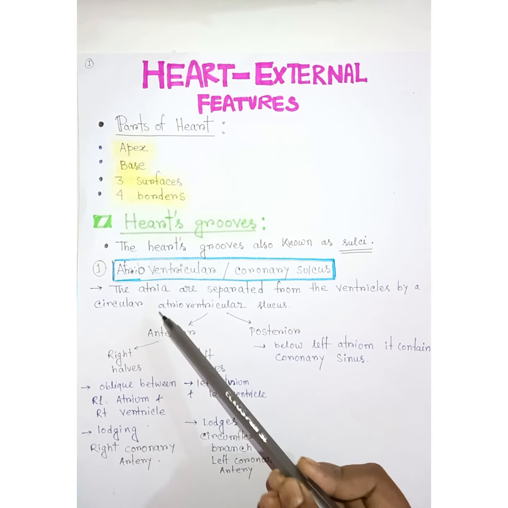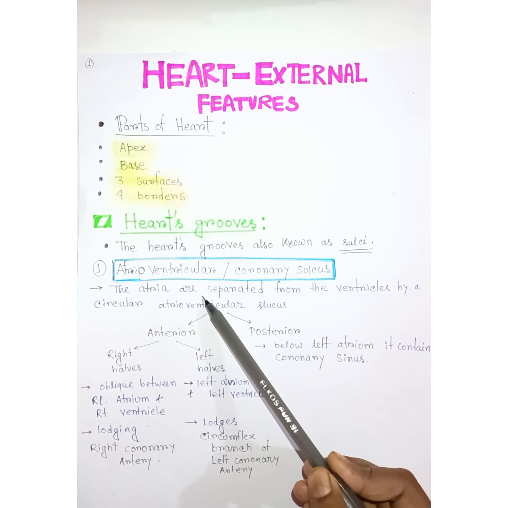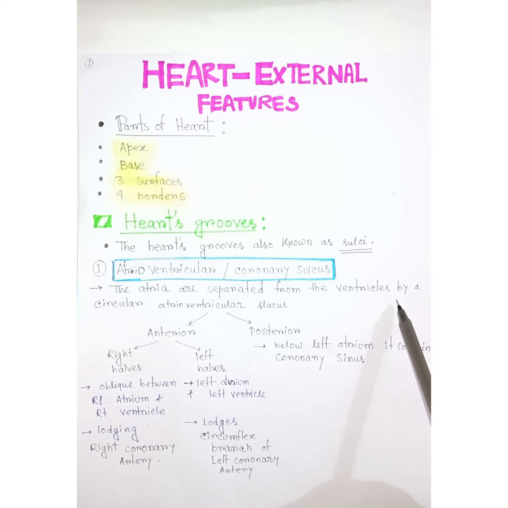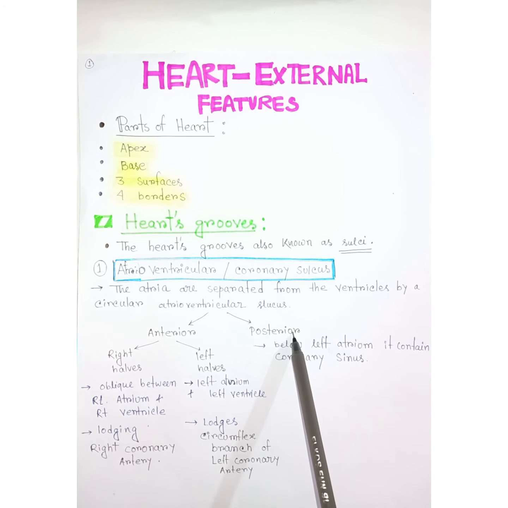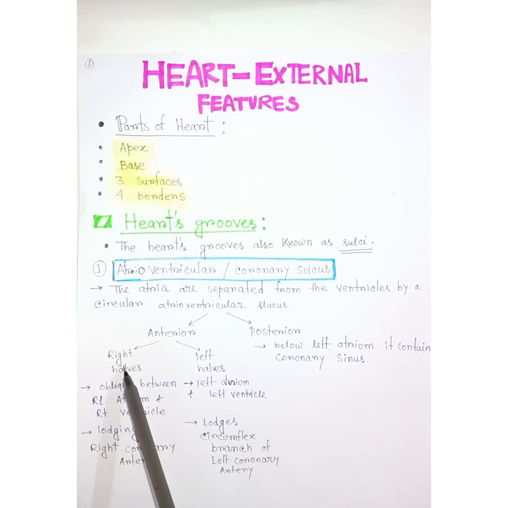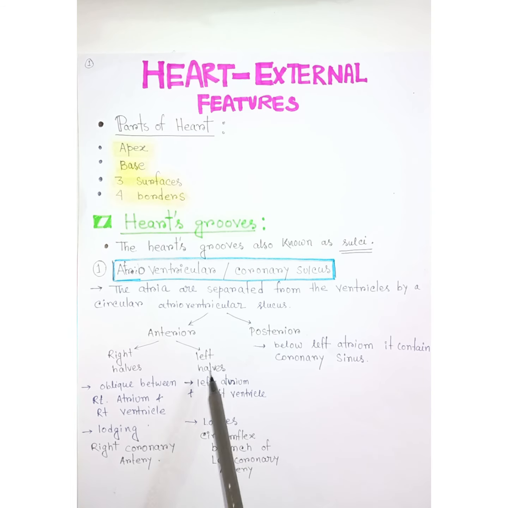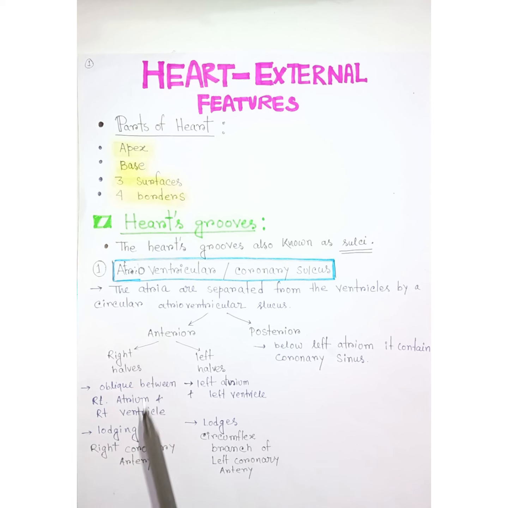Atrioventricular or coronary sulcus. The atria are separated from the ventricles by a circular atrioventricular or coronary sulcus, which is divided into an anterior and a posterior part. The anterior part consists of right and left halves. The right half is oblique, between the right auricle and right ventricle, lodging the right coronary artery.